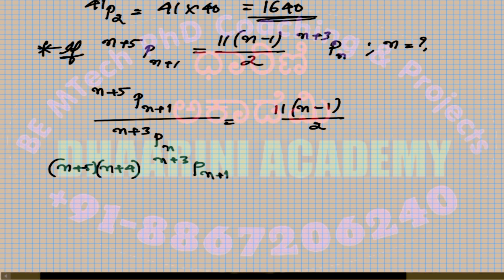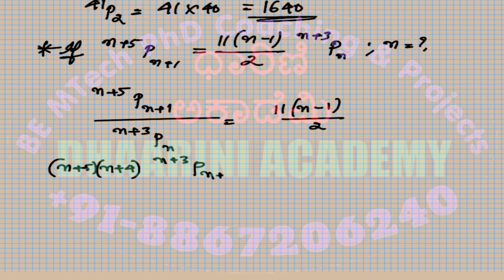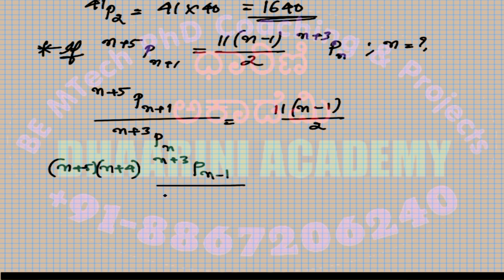Not n+1, my mistake, n minus 1, right? n+1 becomes n, and n minus 1. So this becomes n minus 1. Denominator is still (n+3)Pn. This is still equal to, right hand side, I'll keep the same thing, 11 times (n-1) divided by 2.